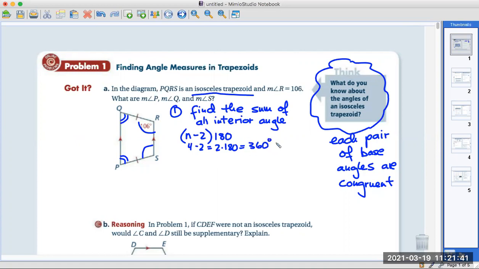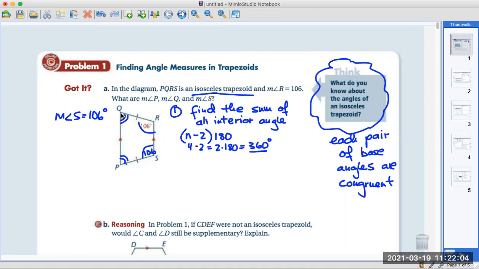So often you have to find the sum because we need to know what they add up to. Well, I know this one is 106 because they're equal, right? Measure angle S, I can already write it here, is 106 degrees. And their sum has to be 360, and these two are equal.